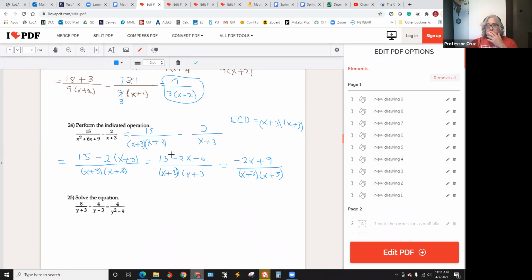That's kind of strange, but I think that's it. So 15 minus 2 times x plus 3. 15 minus 2x minus 2 times 3 is -6. So 15 take away 6 is 9.